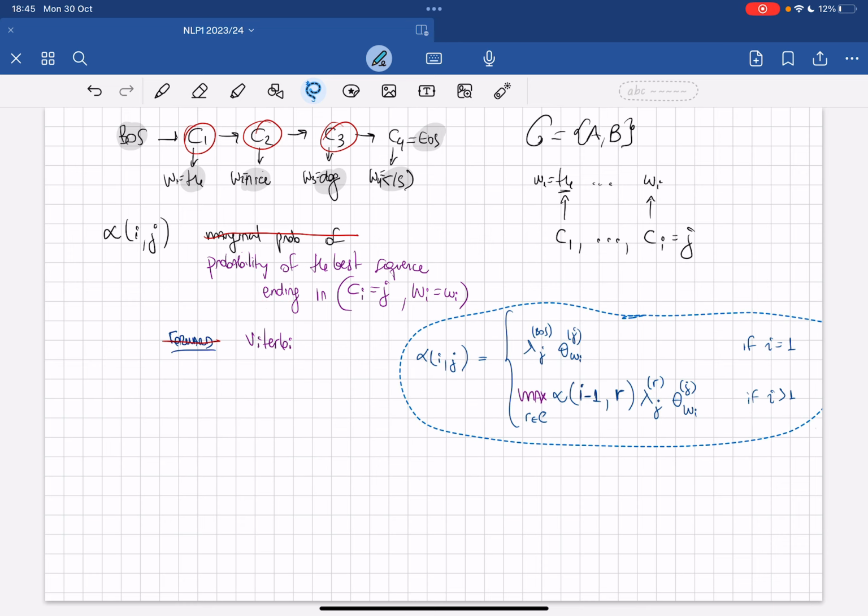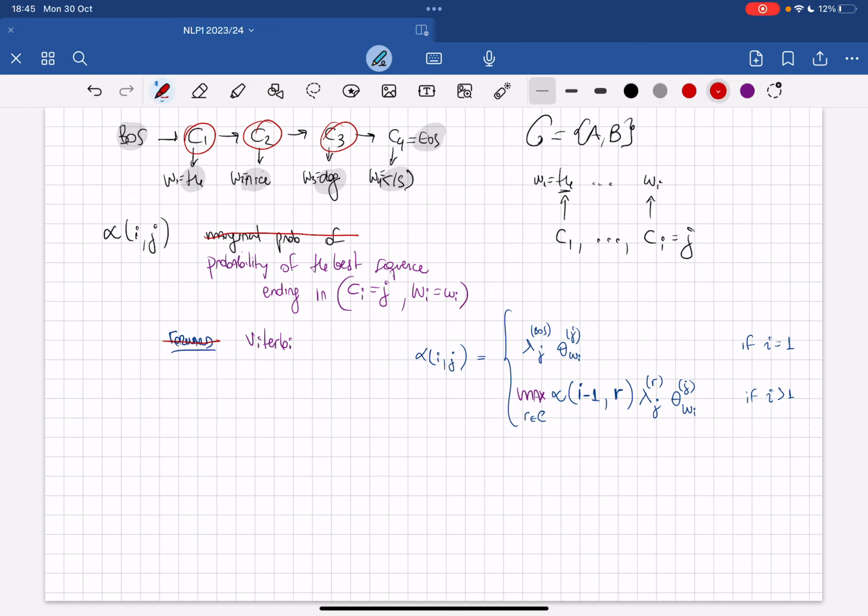So I'll put it on the side, and I'll just make a table here for you. I'm going to use another notation for it. I'm going to say there is a function S that gives me a score to the transition emission pair.